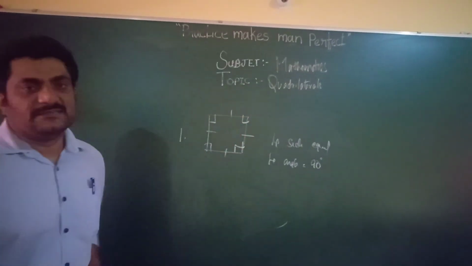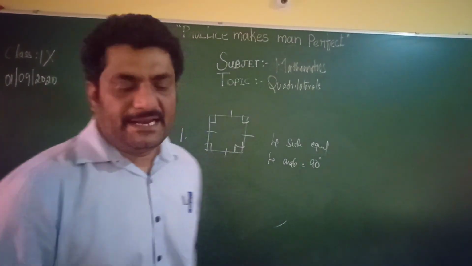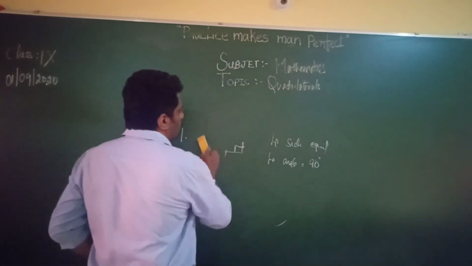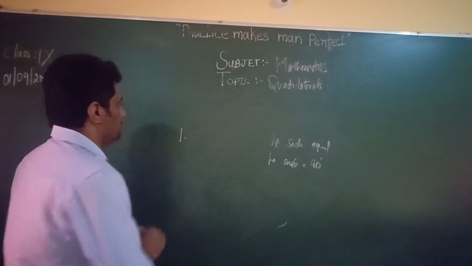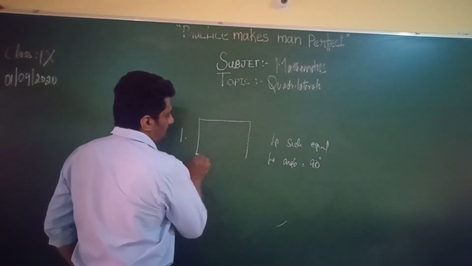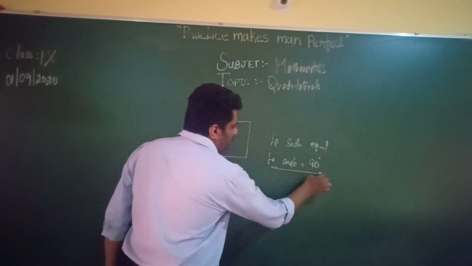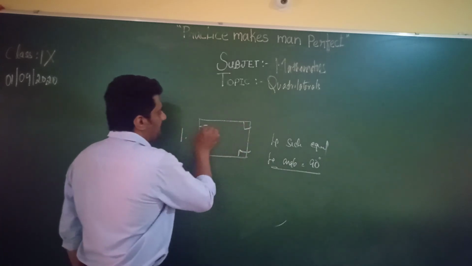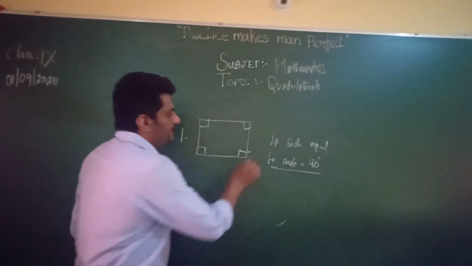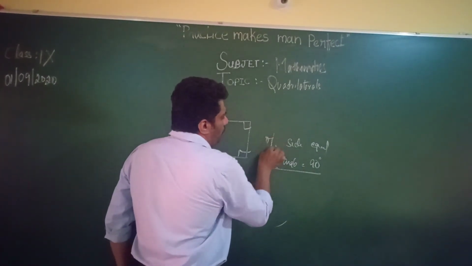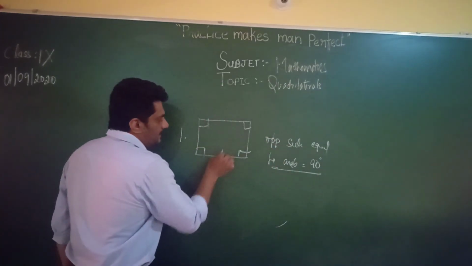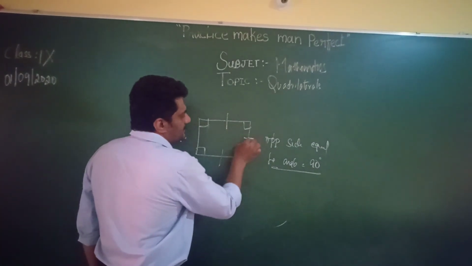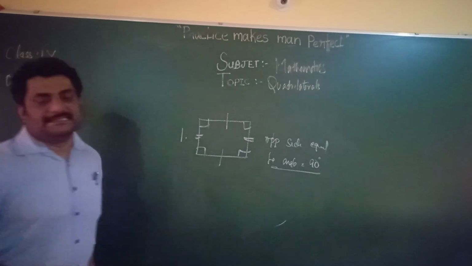Now I don't see this one in any other quadrilateral. Let's get into the next one, rectangle. Now in rectangle, I have 4 angles equal to 90 degree. But in this case, only the opposite sides are equal. This side equal to this side equal to this.